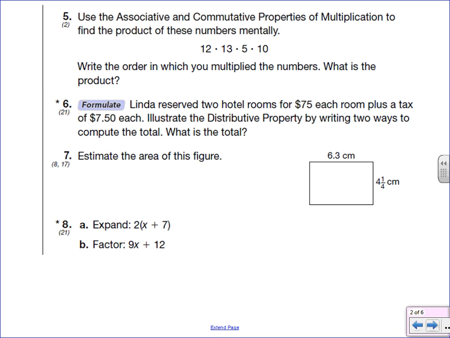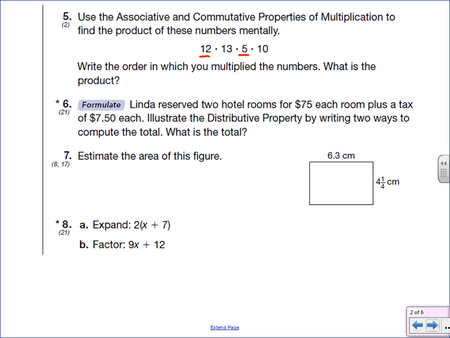Use the associative and commutative properties of multiplication to find the product of these numbers mentally. Write the order in which you multiplied the numbers. So, one thing that would be easy to do is to do 5 and 12, because I know that 5 and 12 are going to make something that ends in a 0.